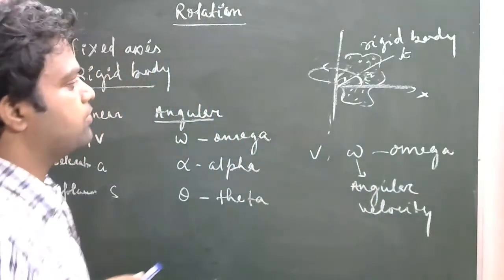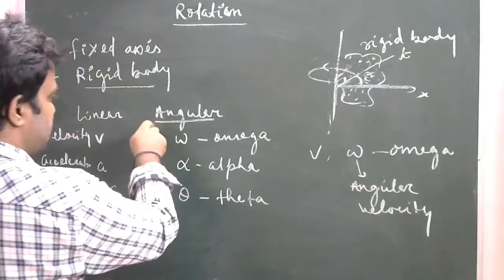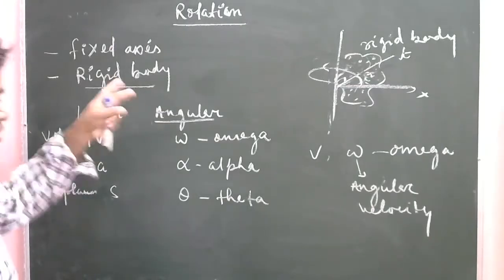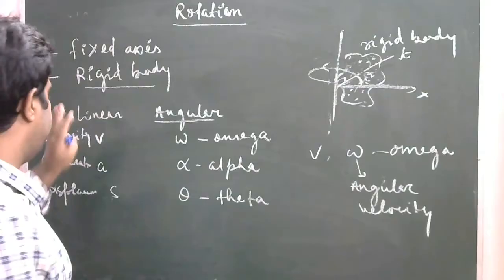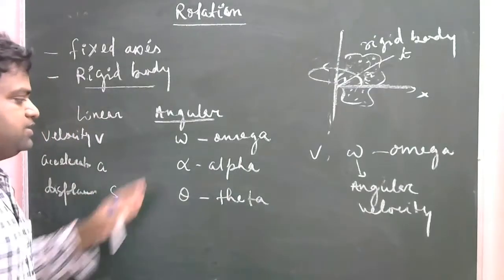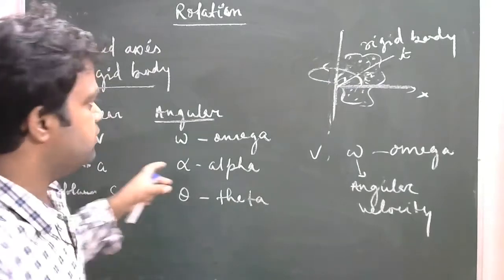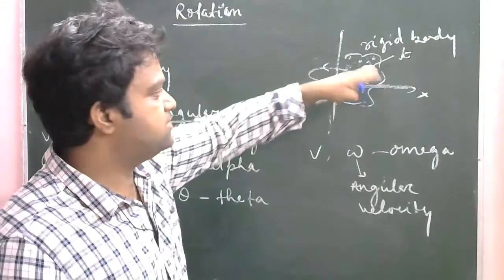That you know. So as I told you, these are the terms associated with angular motion. Angular means when the object rotates, then these terms will come, and in the linear case, v, a, and s. Now, what are these terms? Let us discuss one by one. The term theta, as I told you, is the displacement.